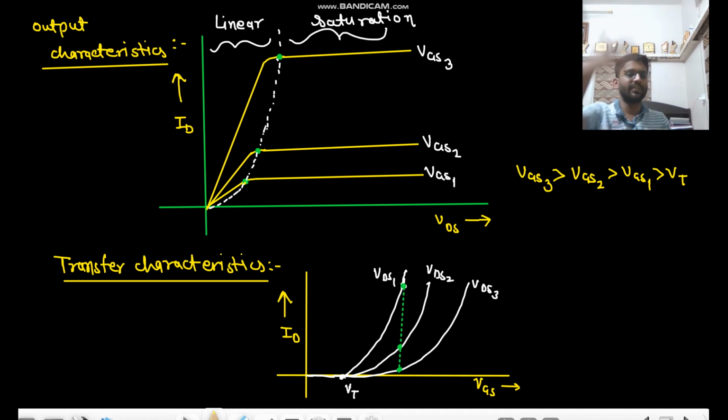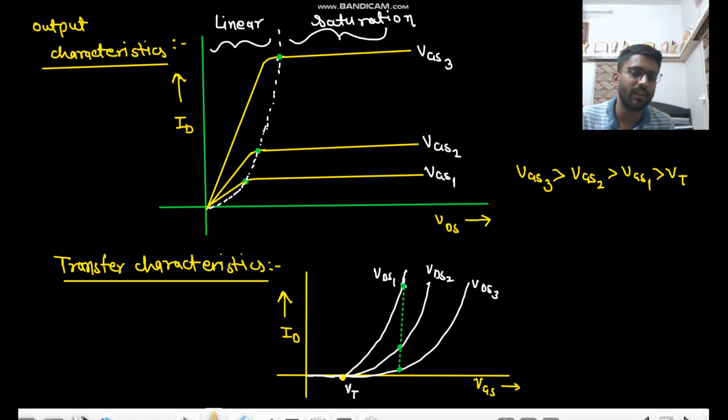Till this point it is linear. After that it is in saturation. And the transfer characteristic, ID versus VGS: before VT there is no current, then the current increases. Okay, that's how the current increases.